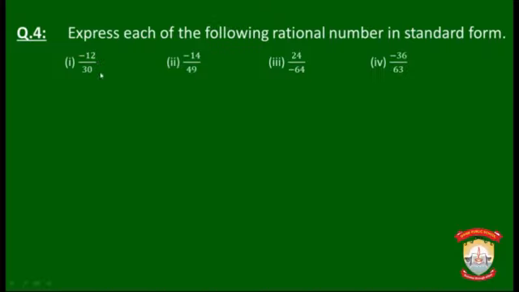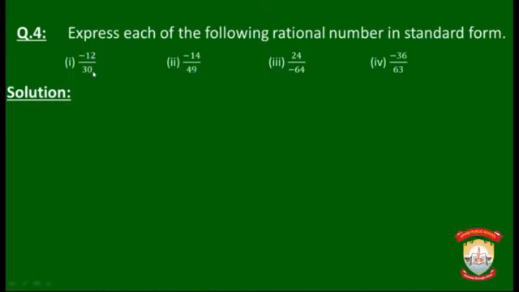That is, those rational numbers whose numerator and denominator does not have common divisor other than 1 and the denominator must be positive. Now, in first part, that is minus 12 upon 30, the denominator is already positive.